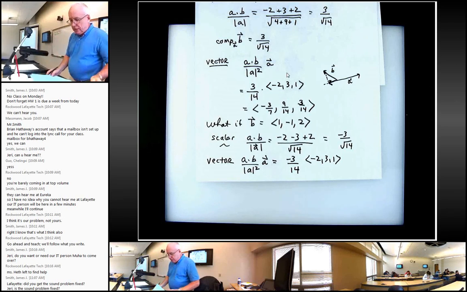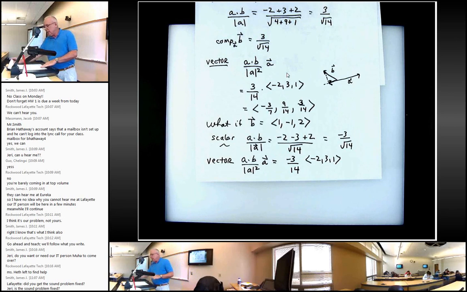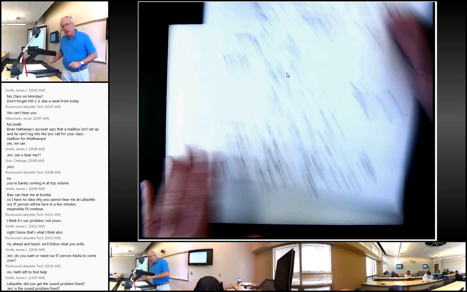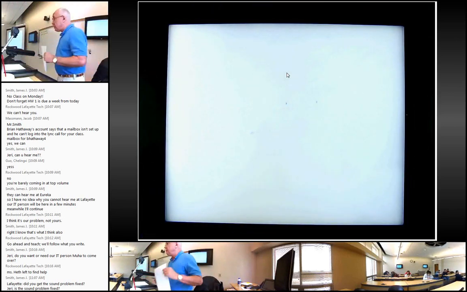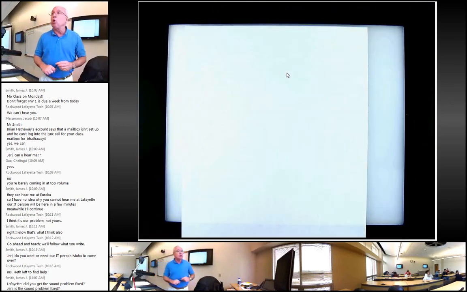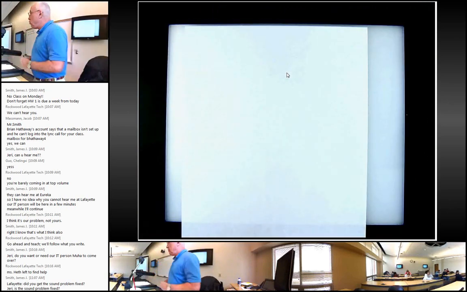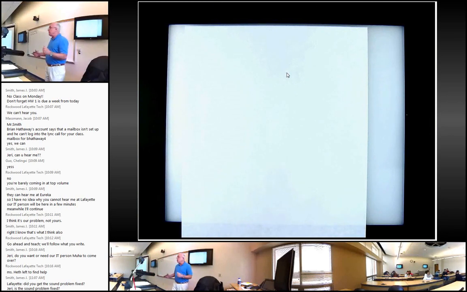The last topic in this section on dot products has to do with an application in physics. There's this concept in physics that's called work. And work is moving force through a distance. We all do work all the time.